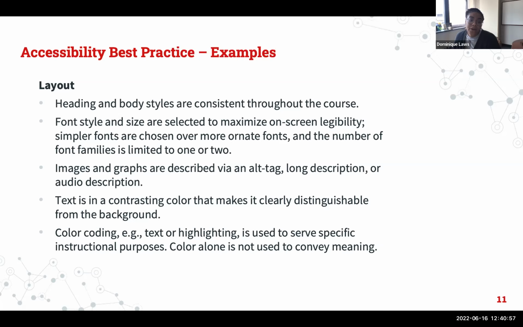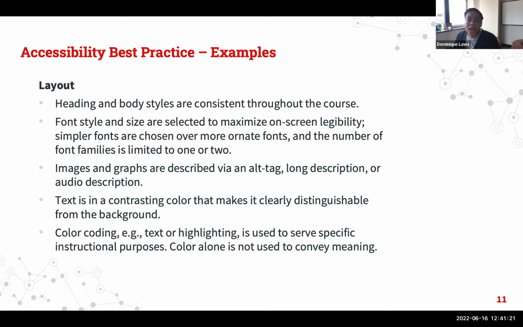You want to make sure that your images and graphics have alt text or descriptions that give the learner who is visually impaired an understanding of what they should be seeing on the screen. You want to avoid using colors that don't contrast with the background. So we always suggest using a white background with black text.